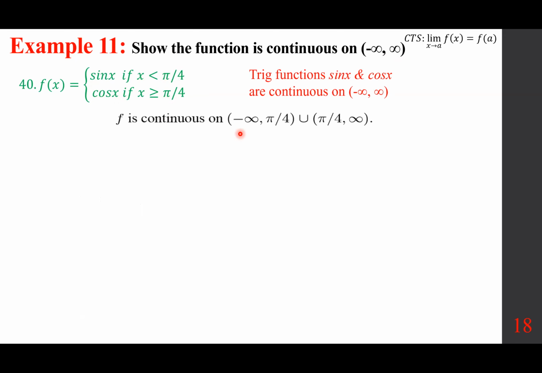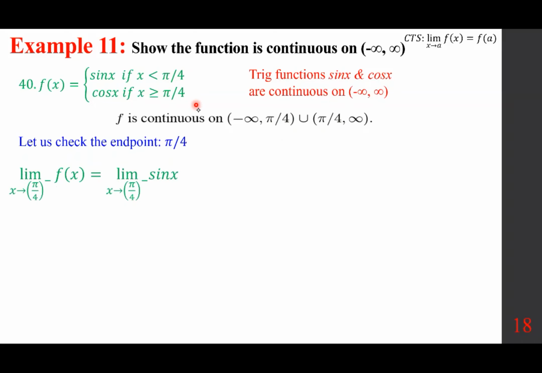So if it's continuous from negative infinity to pi over 4, union pi over 4 to infinity, let's check the endpoint by first finding the limit of f of x as x approaches pi over 4 from the left. Since this is less than, we are going to use this function for the left. And as you know, sine of pi over 4 is square root of 2 over 2.